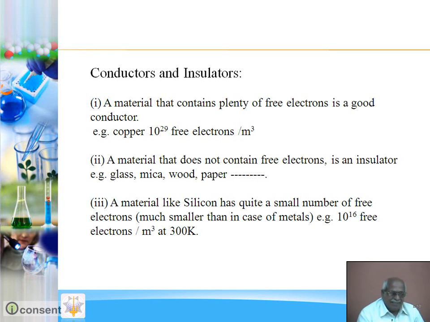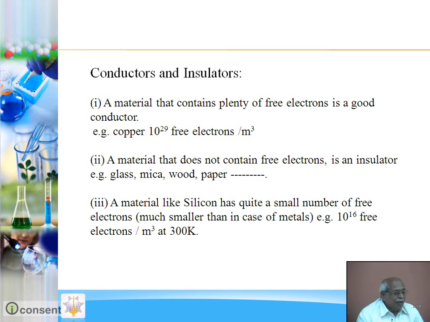In materials like silicon, germanium, and some others, free electrons are there, but not as many as in case of metals. Number of free electrons is much smaller than in case of good conductors.